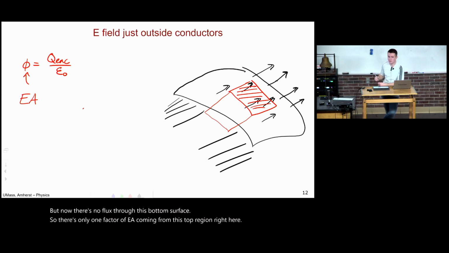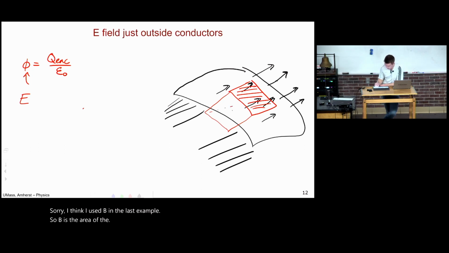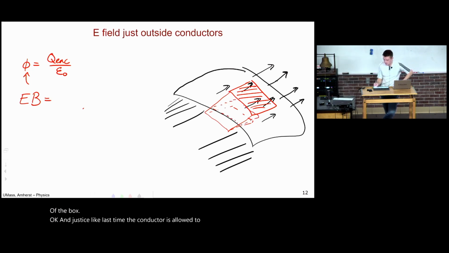I think I used B in the last example. So B is the area of the box. And just like last time, the conductor is allowed to have charges on its surface of density sigma.